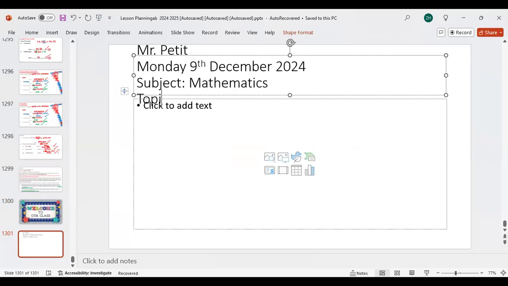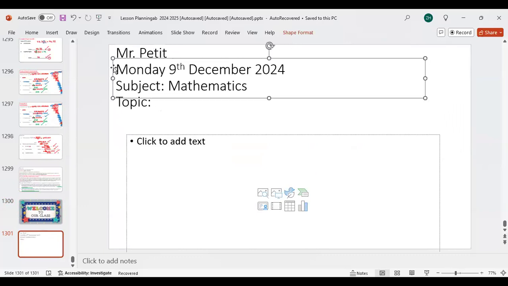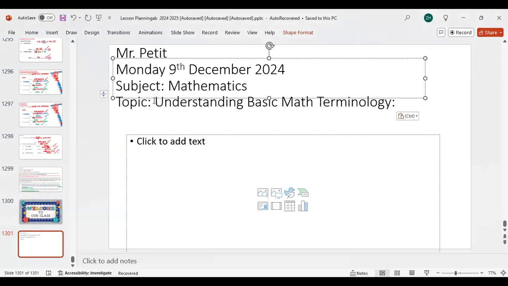And the topic is, we're going to be looking at mathematical terminology. So understanding basic mathematical terminology.